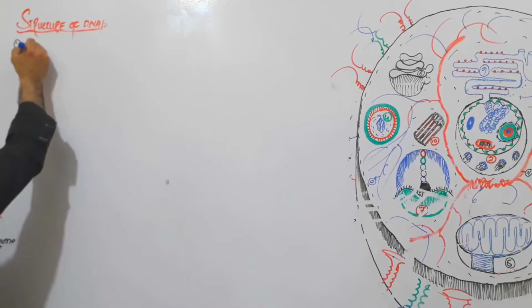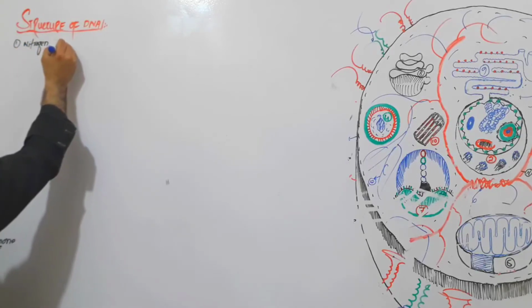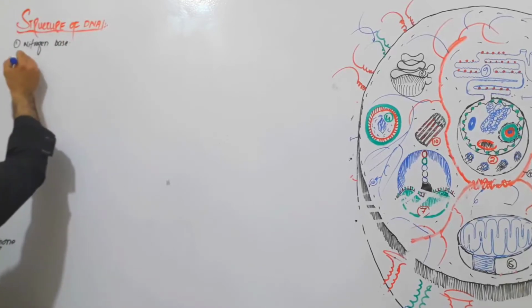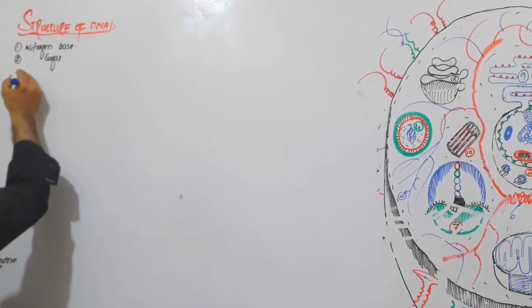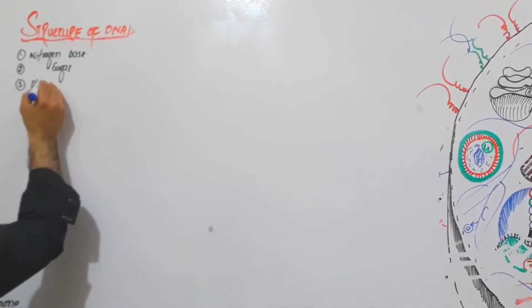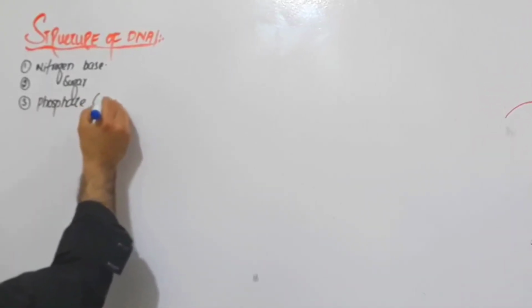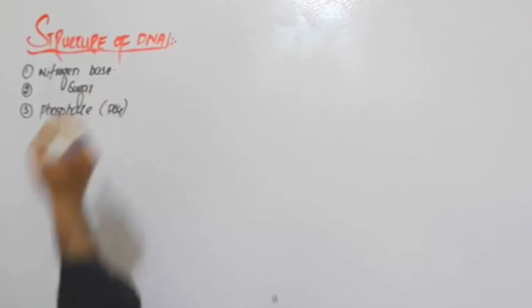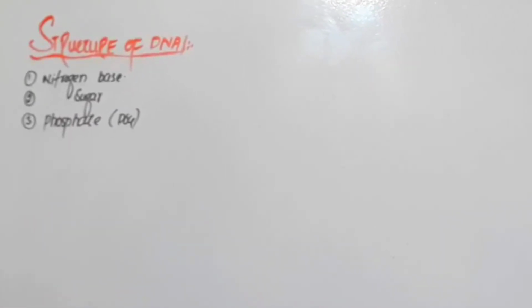The first one is the nitrogen base. The second one is a sugar, and the third important thing is a phosphate, a PO4, right? And the sugar that I had told you will be the deoxyribose, right?